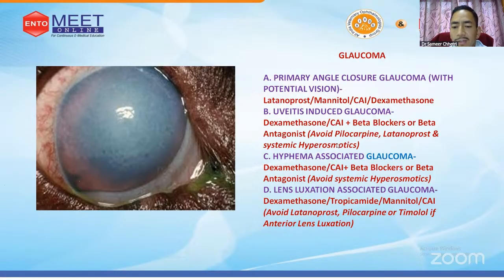In this situation, latanoprost, pilocarpine, or timolol should be avoided, because these medicines will lead to constriction of the pupil, that will further worsen the situation. So we have to avoid these medicines in lens luxation associated glaucoma.